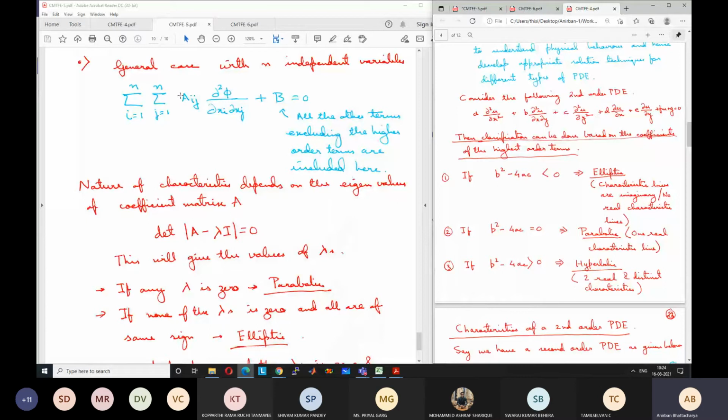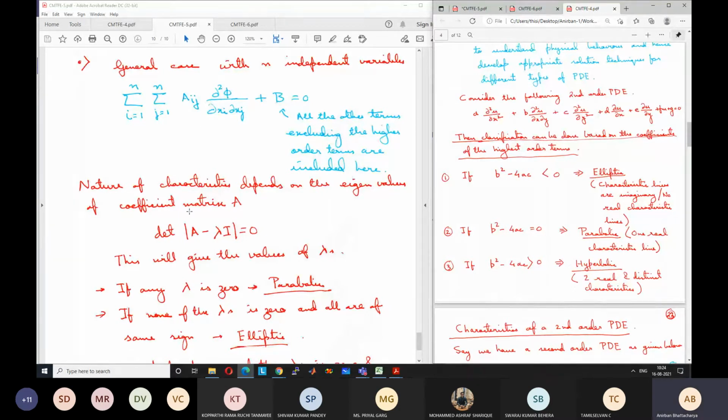The values in each row and column can be determined in terms of these a_ij's. The eigenvalue definition, if you remember, is determinant of A minus lambda I equal to 0, where I is the identity matrix.